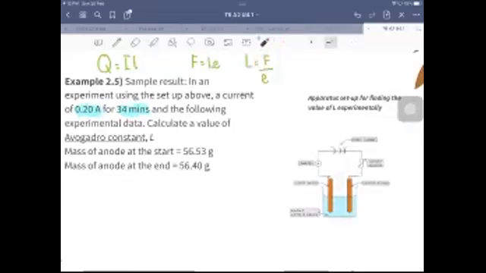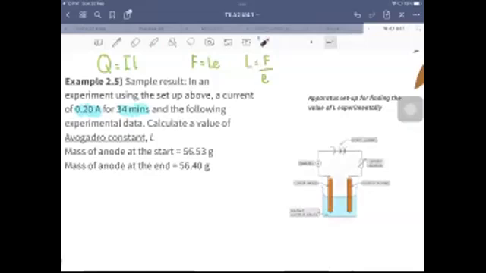So let's start with what can we start with? To find the mass of copper.